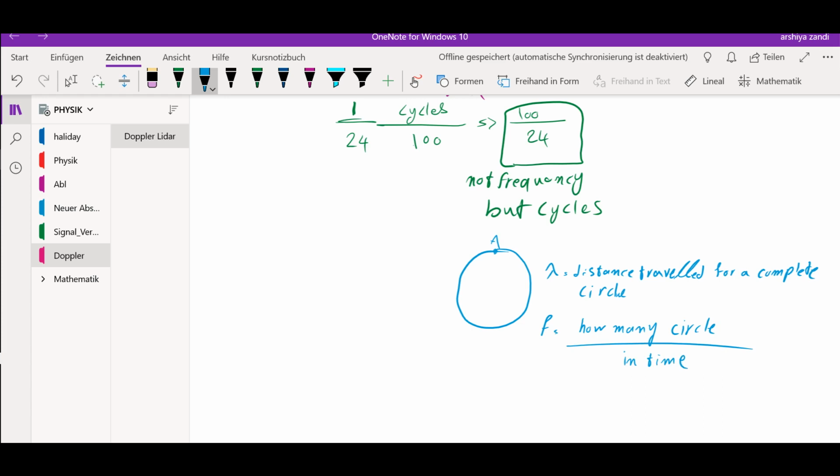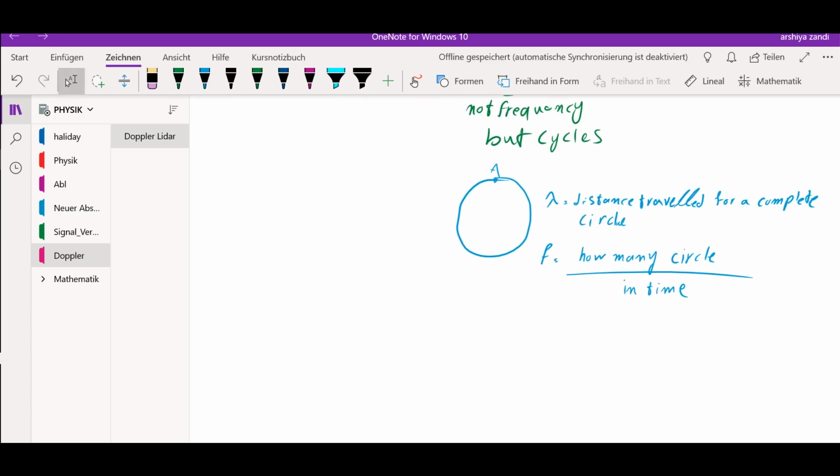So if I say I have completed, let's say, 2 circles in 1 minute, and that circle is, let's say, 1 meter, what I have to do to get my velocity is to multiply the distance traveled by how many times I have traveled the distance in that time frame. And it would be in meters per second.